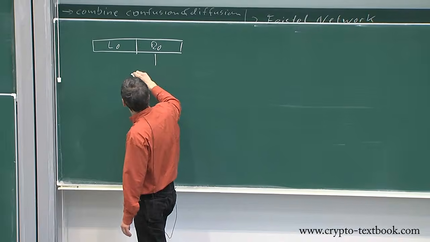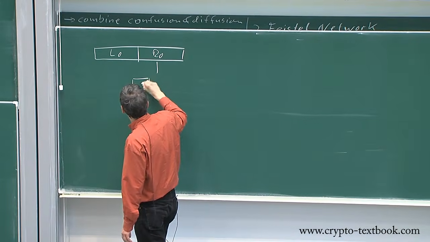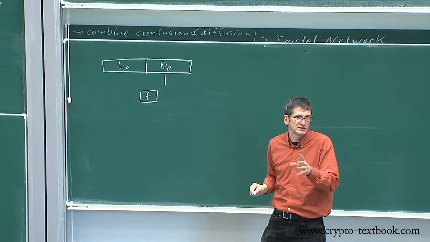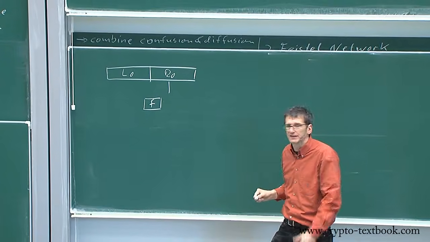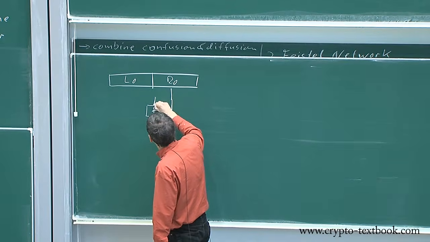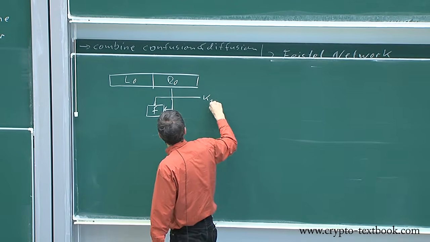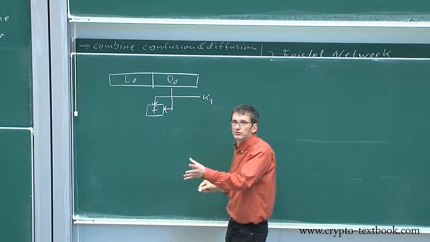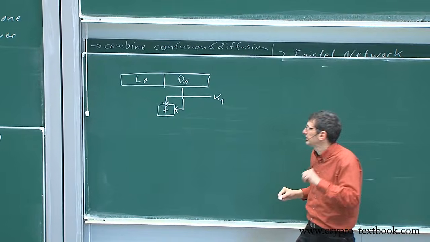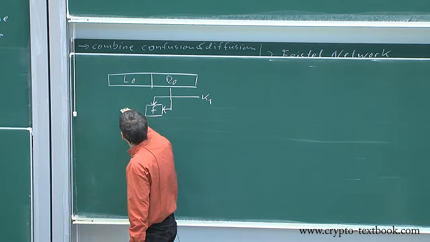You take your right part, put that into this f function, which is super, super, super important. That's the heart of this, together with some kind of subkey, an Unterschlüssel, okay, whatever that is, but essentially part of the key, okay? Then this f function gives you an output.